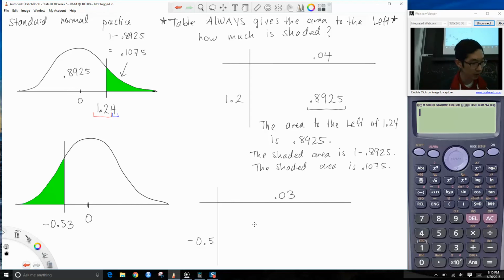And when we do that, we find 0.2981. Okay? Is that my answer? And the answer is yes, this is my answer. The table gives us the areas to the left, and that's exactly what I want. When I look at the picture, I want the area to the left. So the answer I want is 0.2981.